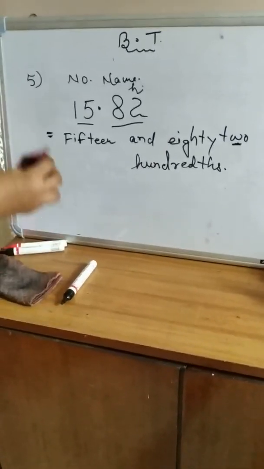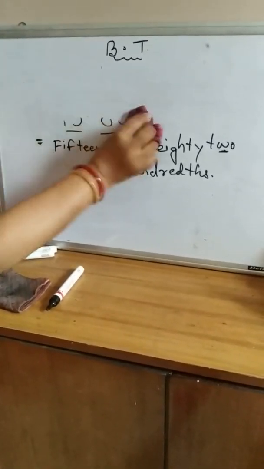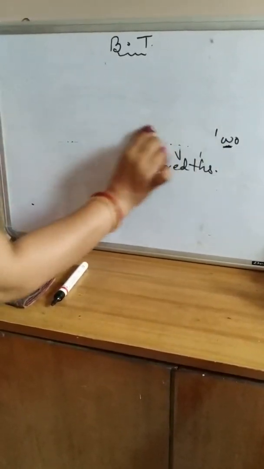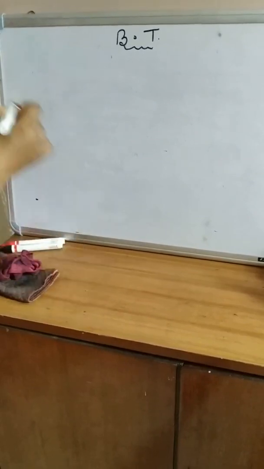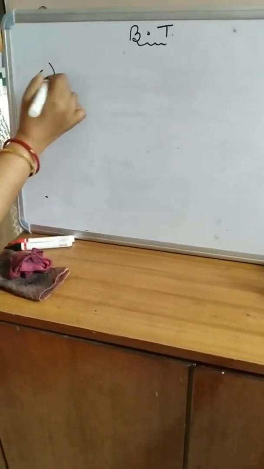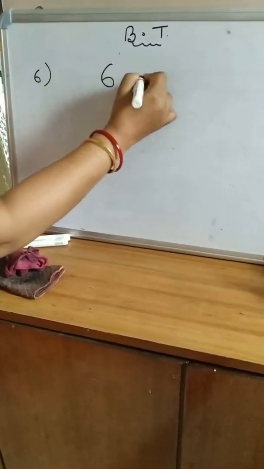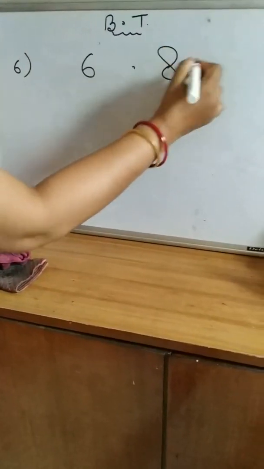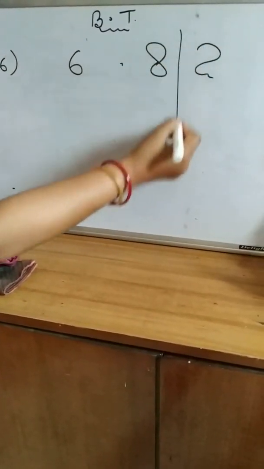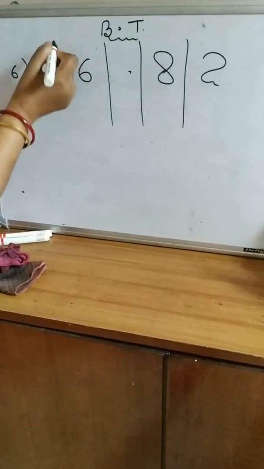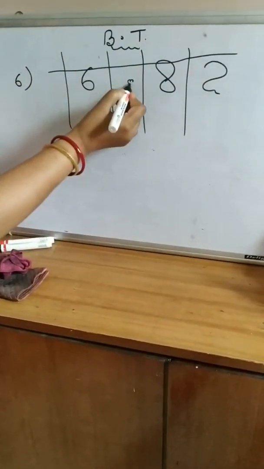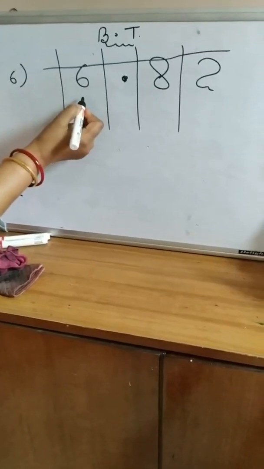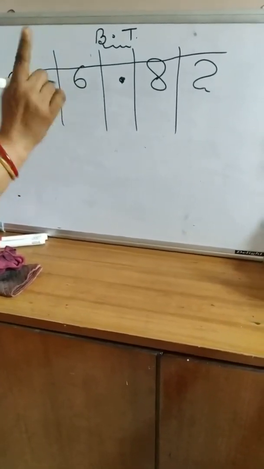Now in question number 6, you have to place the number in a place value chart, like 6.82. So just frame the place value chart. Now this is the decimal. To the left of the decimal it is a whole number, only 6, one digit.